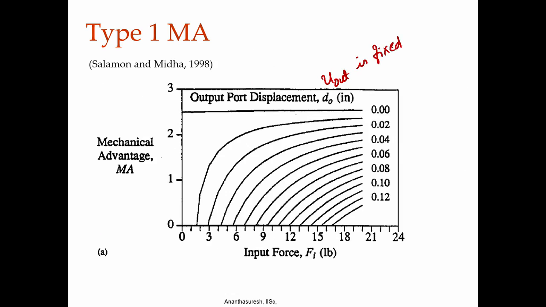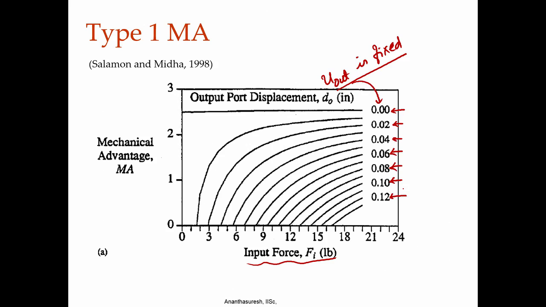For a compliant mechanism, if you want to have this much output displacement, as you vary the input force, mechanical advantage varies. So, here input force is on the x axis, for fixed output displacement, and for each output displacement there is a separate curve. So, you get several curves, a series of curves. These curves are always very useful, because they give you insights.